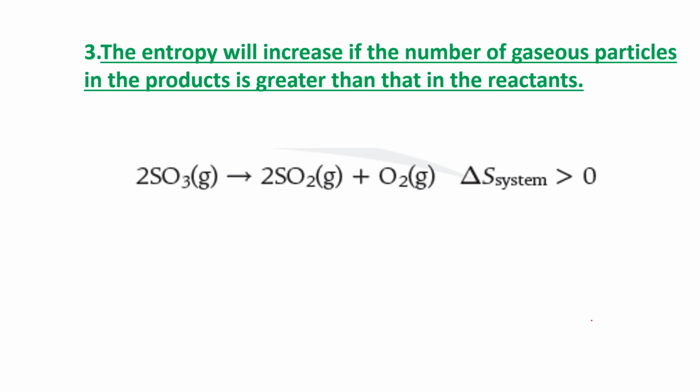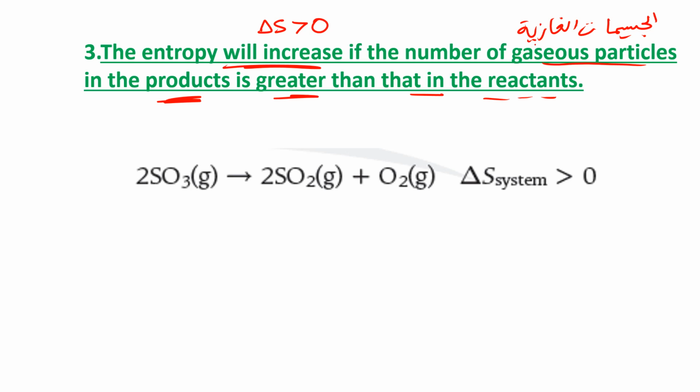Okay? Now, the entropy will increase, so the delta S will be greater than zero if the number of gaseous particles اللي هي الجسيمات الغازية in the products is greater than that in the reactants. لو عدد الجسيمات الغازية في النواتج أكبر من المتفاعلات, the delta S will increase.